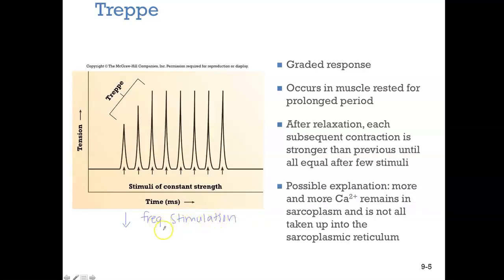If we have this low frequency stimulation, it allows for the next stimulation that we have. So this is stimulation 1, let's say, or muscle twitch 1, muscle twitch 2, 3rd, 4th, and so on, right? It's allowing the next contraction to become even stronger. So after a couple contractions, we see that we reach this maximal tension level here.